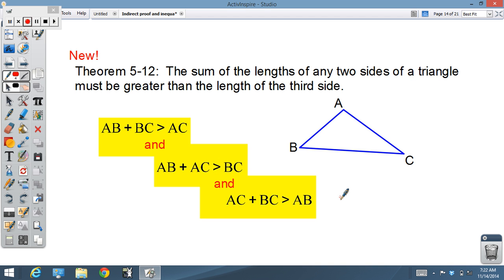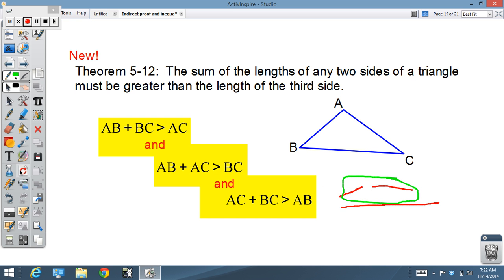Start over. If I have a triangle side that looks like this, a triangle side that looks like this, and the third one is bigger, notice how these two are too small to cover the length of that third side. I cannot make a triangle if any two sides don't add up to more than the third side. Okay? They can't even be equal, all right?